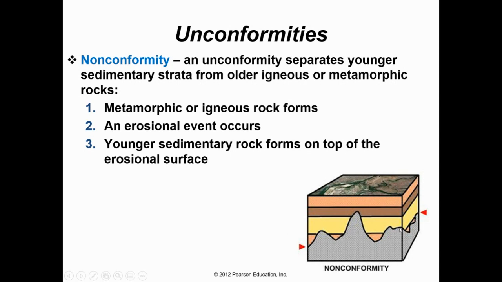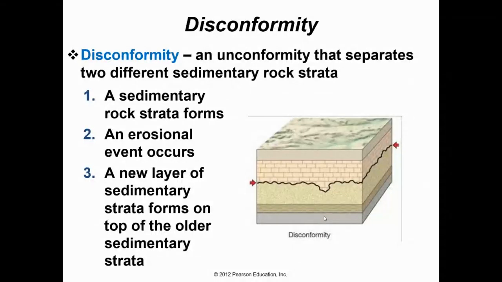So you can see sedimentary beds are laid down flat or horizontally because of gravity, and they just cover up the erosional surface. So pretty cut and dry. A disconformity is pretty much the same exact scenario, except the rock on the bottom in which the erosional surface.